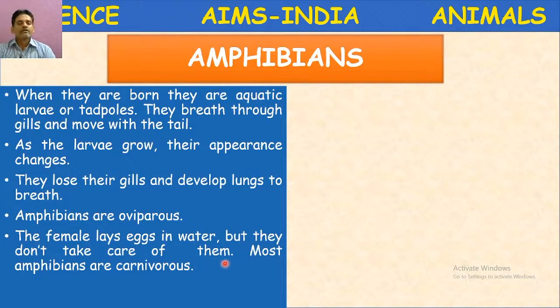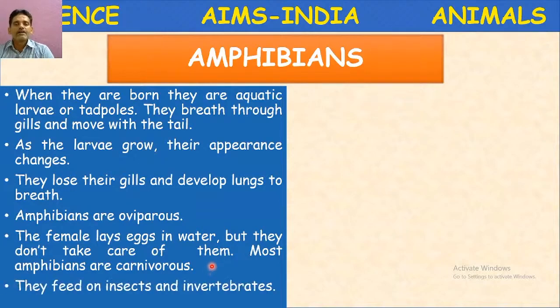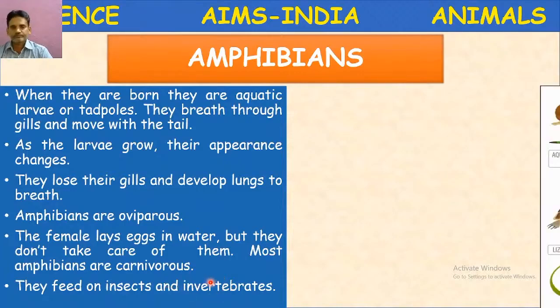They simply lay the eggs and the fertilization takes place outside the body, and these larvae will hatch by themselves and come out. Most of the amphibians are carnivorous. Carnivorous means which feed on animals or animal food materials. They feed on insects and invertebrates, small animals.